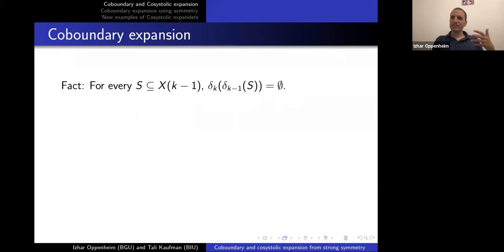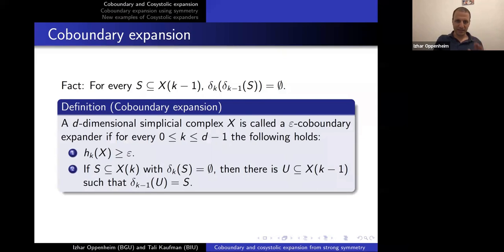But basically, coboundary expansion, which I define now, so what is coboundary expansion? I have a 2-dimensional simplicial complex, and I call it a coboundary expander, first, if the Cheeger constant is bounded from below by epsilon, and second, the only option for a cut set to be the empty set is that it comes from 1 degree lower.